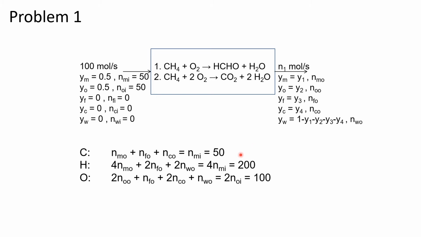Let's move on to the hydrogen balance. Once again, we'll look at the output, the effluent from the reactor, and calculate the flow rate of hydrogen atoms that come out. And we'll go through each species and determine the flow rate of hydrogen associated with each. Let's start with methane. Methane does have hydrogen, so we'll take the flow rate of methane that comes out and multiply by the number of hydrogen atoms per methane molecule. There's 4. So 4 times the flow rate of the methane coming out will be a contribution to the flow rate of hydrogen coming out.